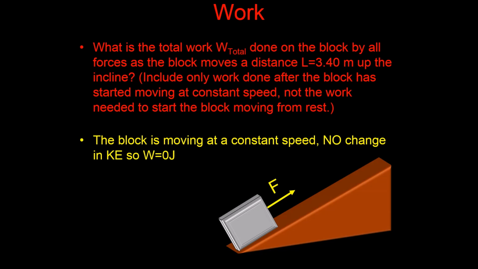This means the net force cancels. If the net force is zero, acceleration is zero. So in terms of kinetic energy, we won't see a change. Work done for our system at constant speed will be 0 joules.